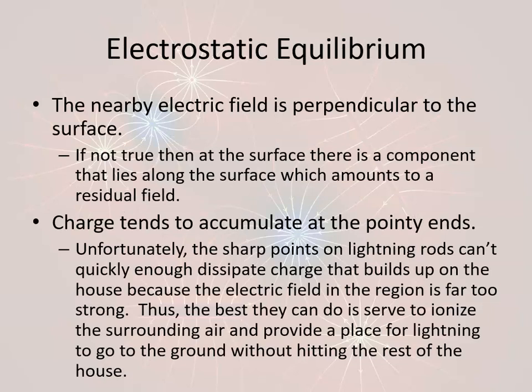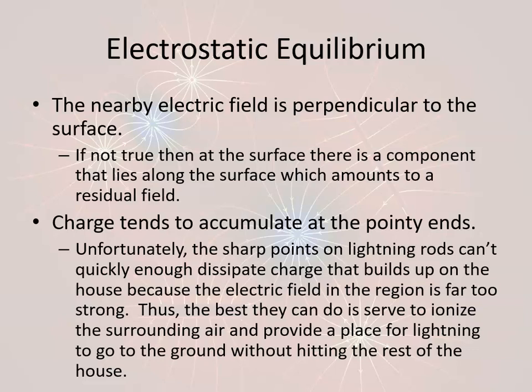So we talk about electrostatic equilibrium, in other words, that everything has come to a certain charge distribution that is not changing quickly. When you have that, if you have a conductor with an irregular shape, a result of this is that charge tends to accumulate at the pointy ends.